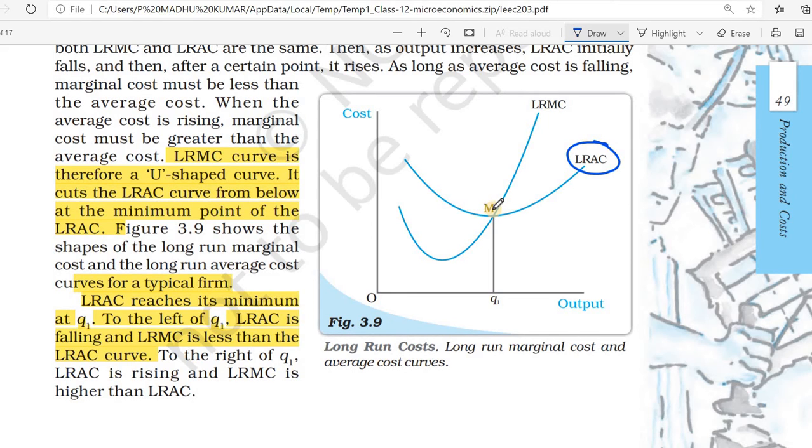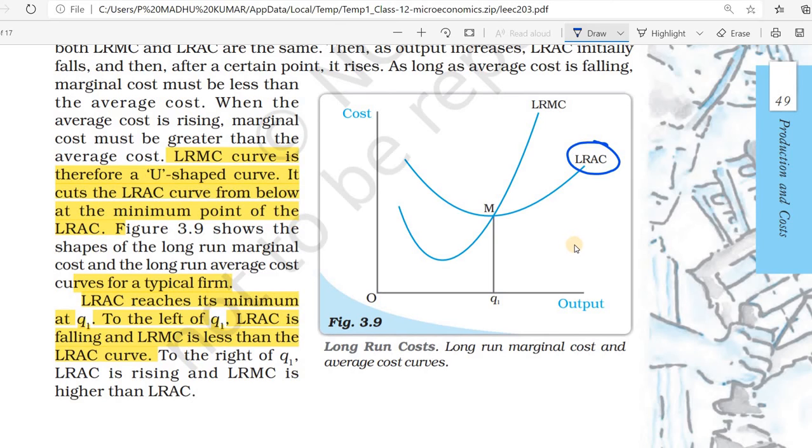As long as average cost is falling, marginal cost must be less than the average cost. When the average cost is rising, then marginal cost must be greater than the average cost. The LRMC curve is therefore U-shaped, because first it is falling and after a certain point it is increasing.